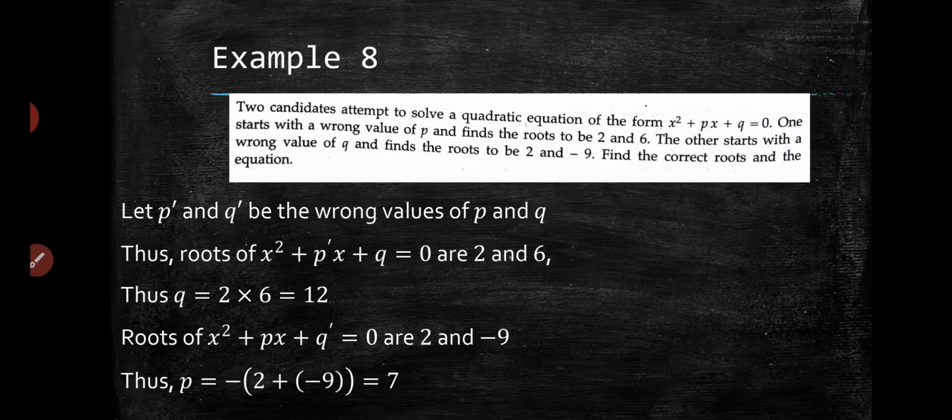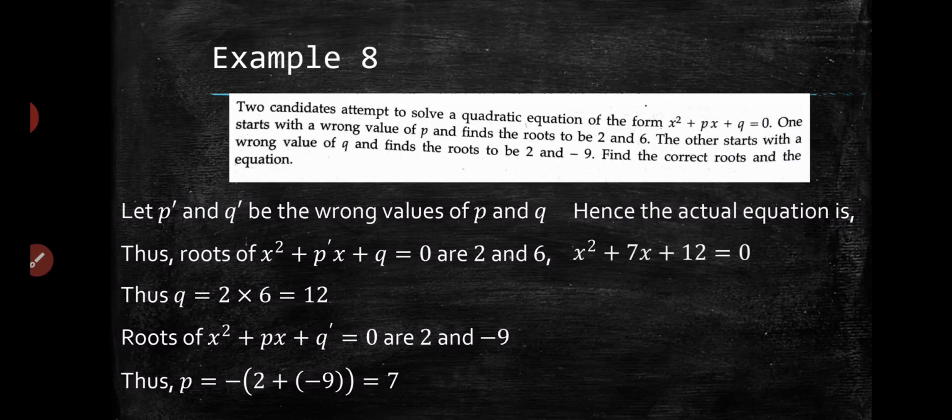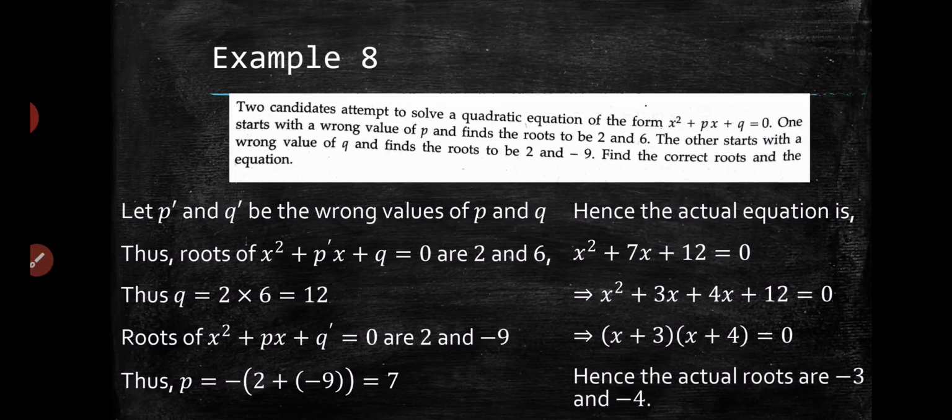Correct. So what is the actual equation? The actual equation is x² + px + q = 0, so it is x² + 7x + 12 = 0. Then if I do the middle term factorization, I get the actual roots to be minus 3 and minus 4.